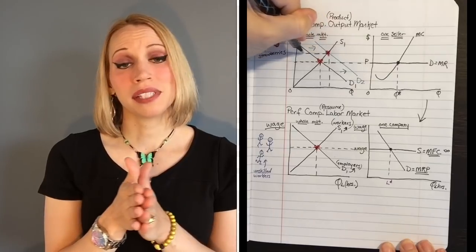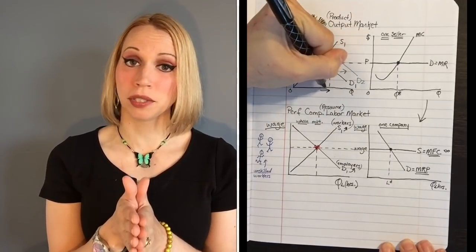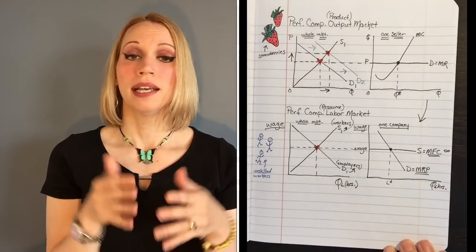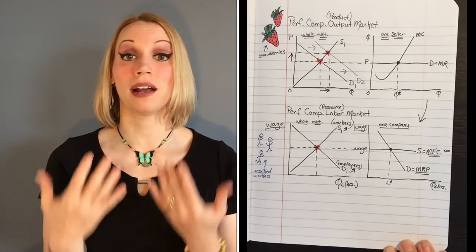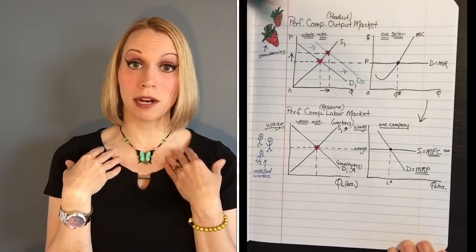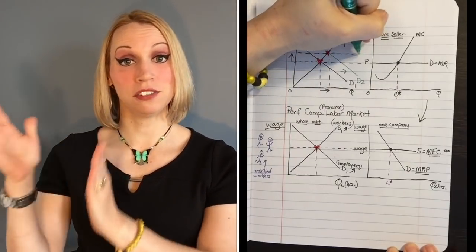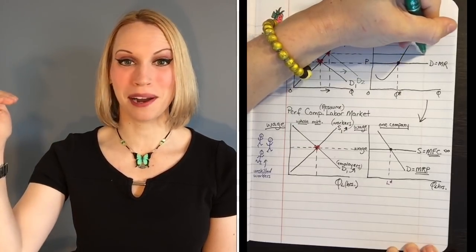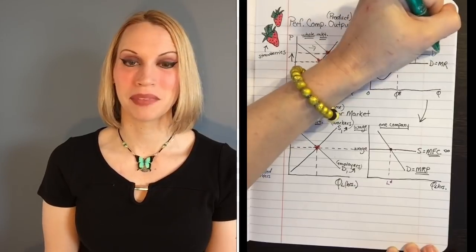But also notice how the equilibrium quantity of strawberries has increased in the market. Who's going to be making this extra quantity? It's going to be the firms that are already in the market, the existing firms in the strawberry market like me. Look what happens on my individual firm's graph whenever I raise my price and I get to charge a higher price, when my demand curve goes up.